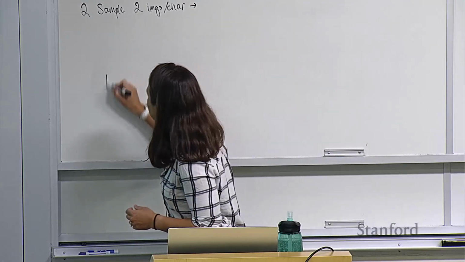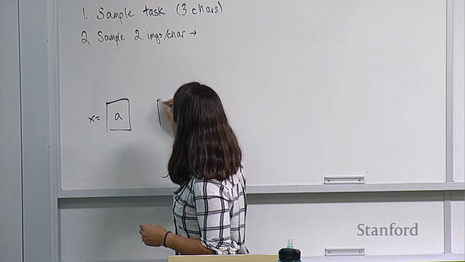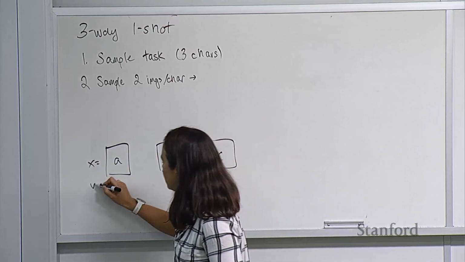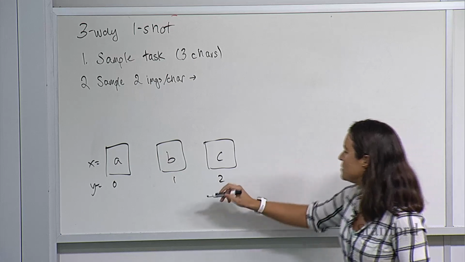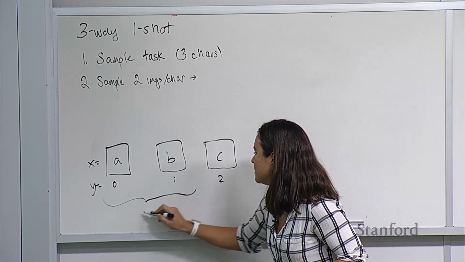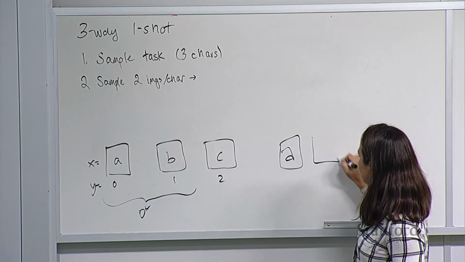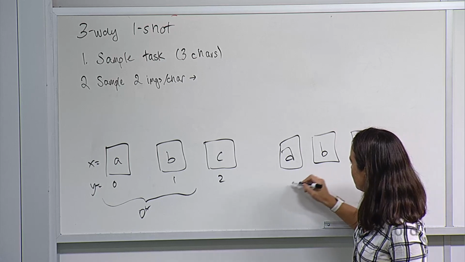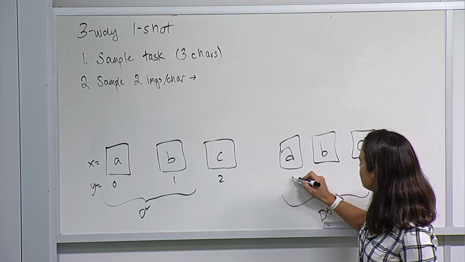In particular, we might have x equals a, b, and c, and y equals 0, 1, 2. This will be our training data set, and then likewise a, b, c, and 0, 1, 2 will be the test set for this task.